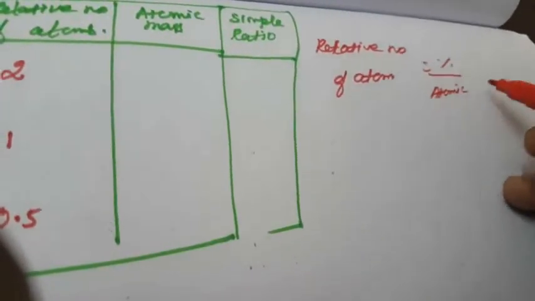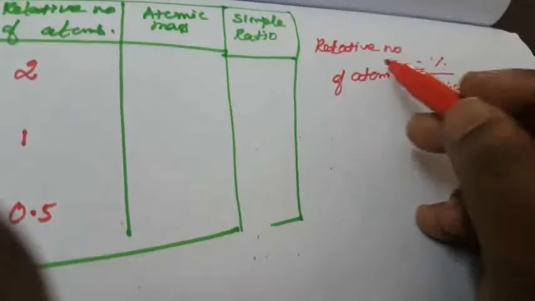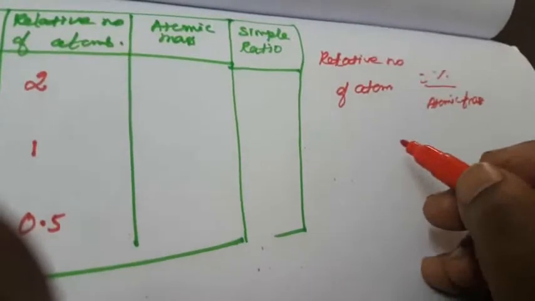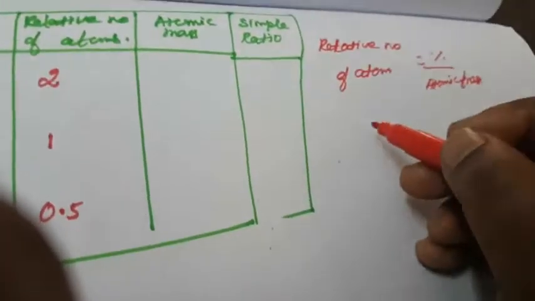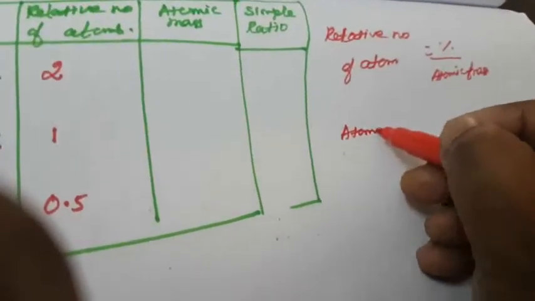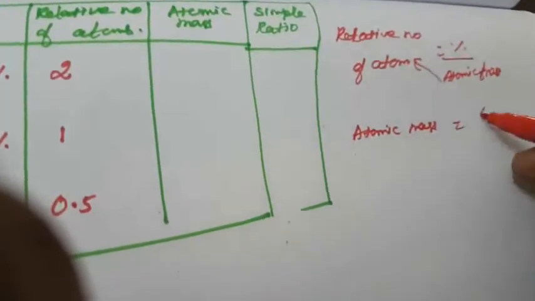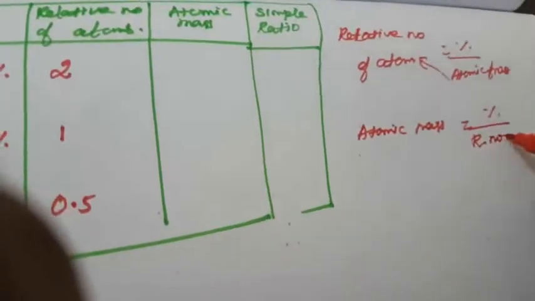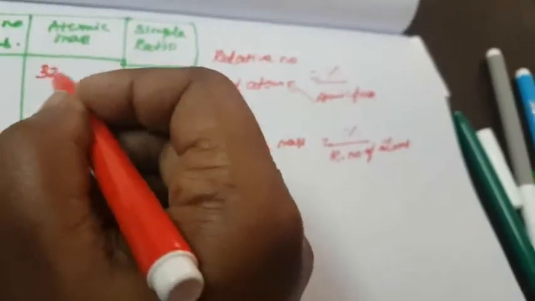Now they are asking for atomic mass. So atomic mass equals percentage divided by relative number of atoms. Substituting, 32 divided by 2 equals 16, right?